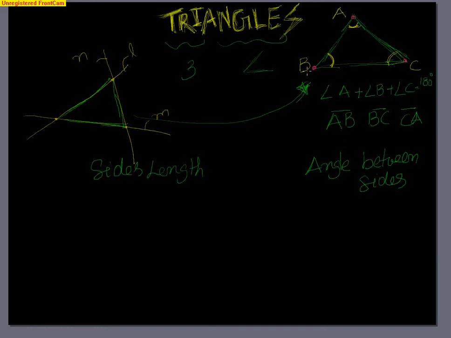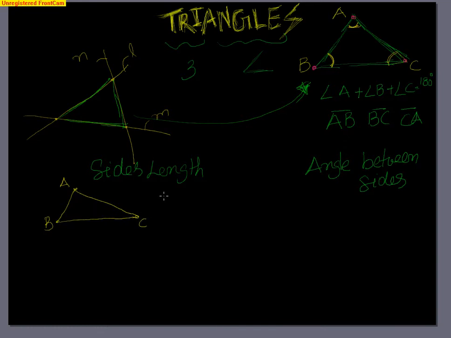We know that there are three sides, right? Now suppose those sides are not equal to each other, then we call it a scalene triangle, something like this, where you see these sides A, B, C. What are the sides from here? AB, BC, CA.